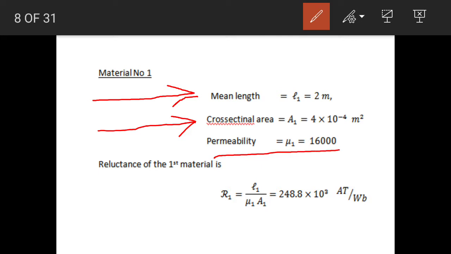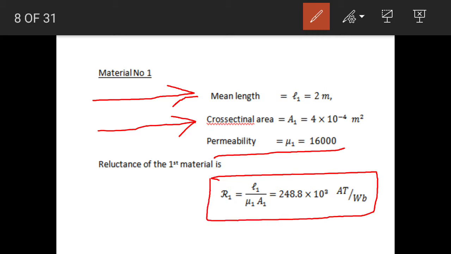We have already calculated the reluctance of this material in the first numerical question. Let us calculate the reluctance of the first magnetic material of this series magnetic circuit with the help of this equation. We know that the reluctance will be equal to L1 over mu1 A1.